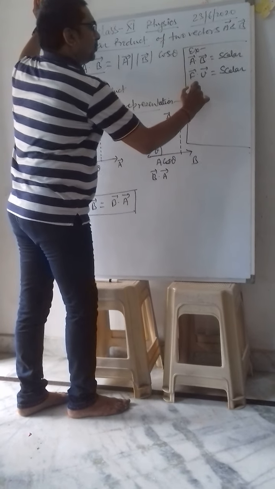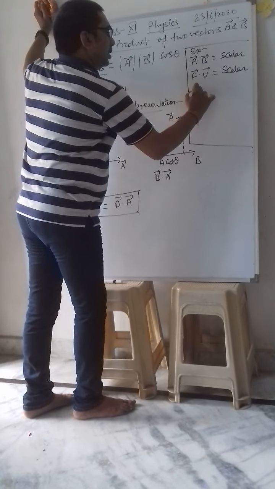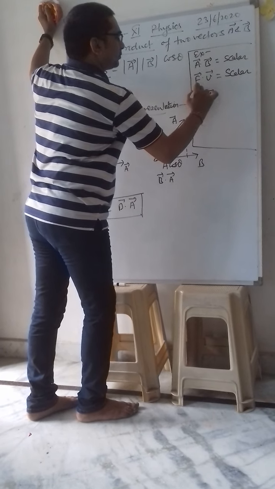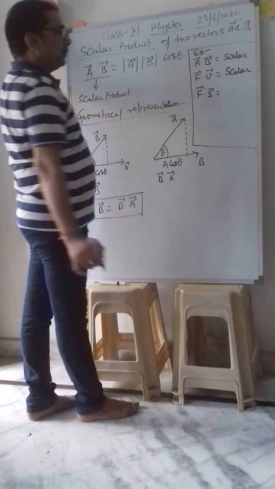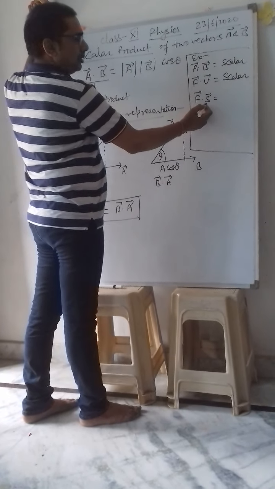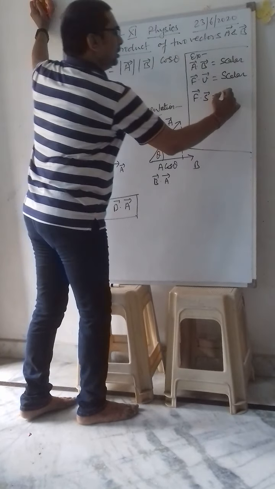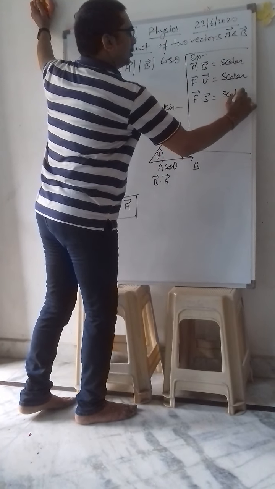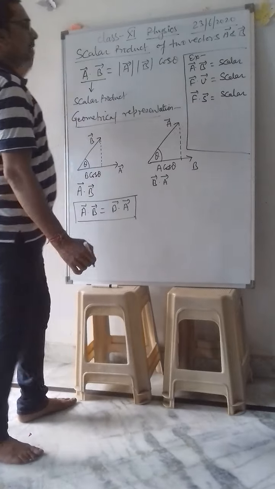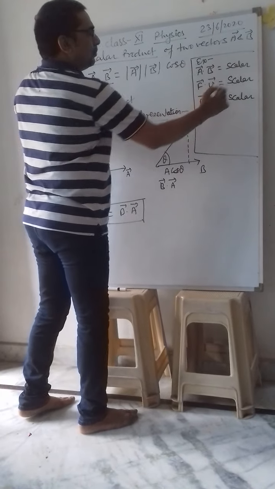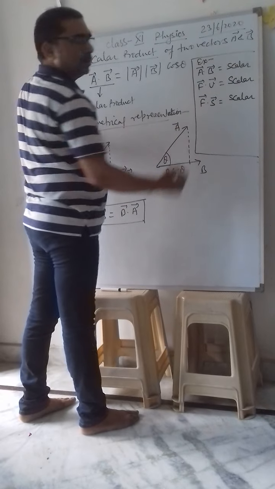Another example, suppose F into S, where S is the displacement and F is the force. It is always scalar. So F dot V is the power, and F dot S is the work done.